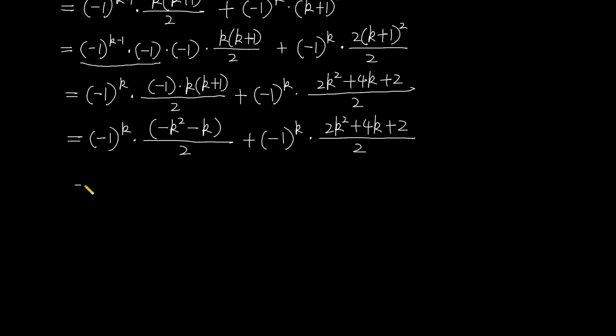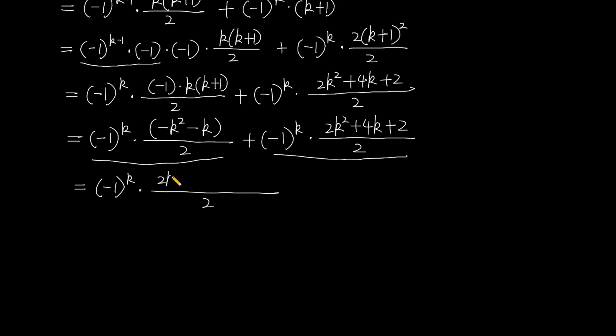Then this equals, here is -1 to the power of p multiply. We combine these two together. So it is, here is 2, the top is 2p squared plus 4p plus 2 minus p squared minus p.